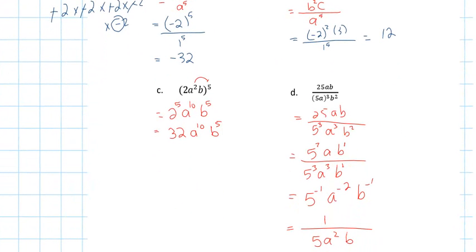So this is going to be 32, 1 to the power of 10, negative 2 to the power of 5. So 1 to the power of 10 is 1, and then negative 2 to the power of 5 is negative 32. What's 32 times negative 32? Negative 1,024.